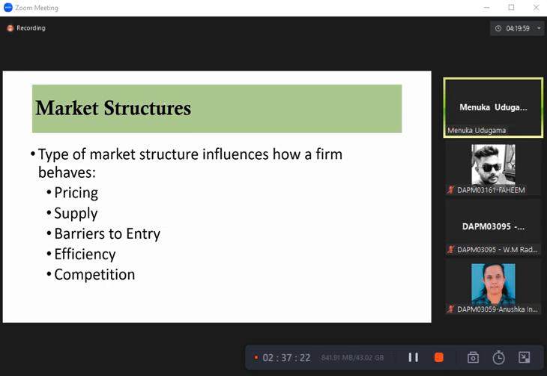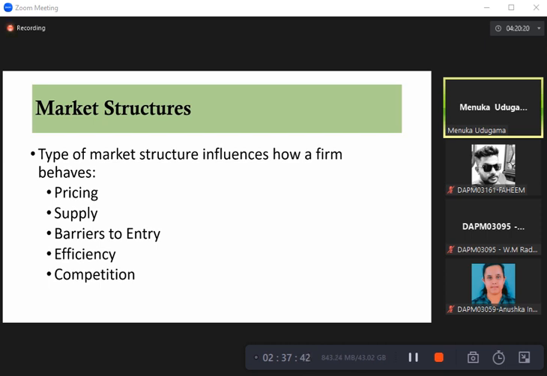The next lesson is about market structures. So if you look at the economy around us, different industries, we see that different industries have different characteristics or features, right?